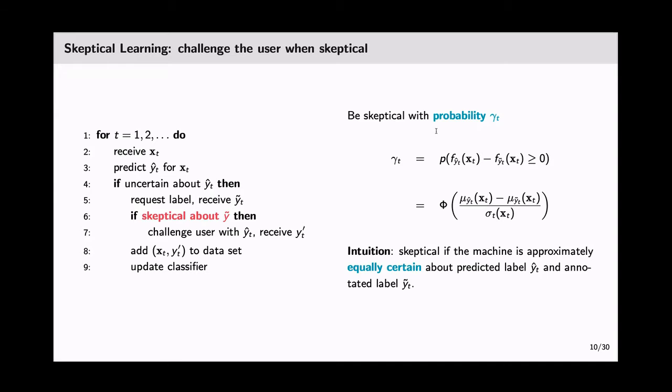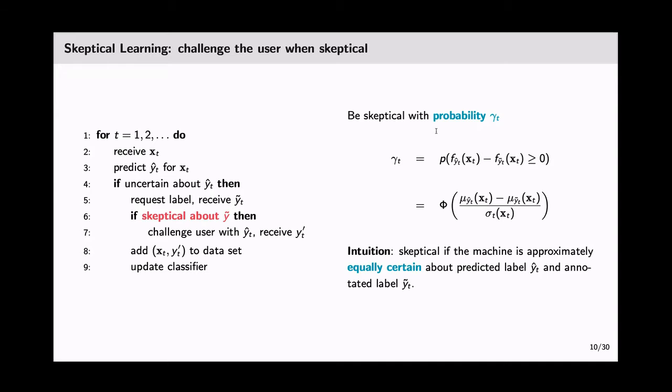So if the machine is very sure about its prediction for that specific instance, but is also very sure that this instance doesn't belong to the class provided by the user, in this case the user is challenged.